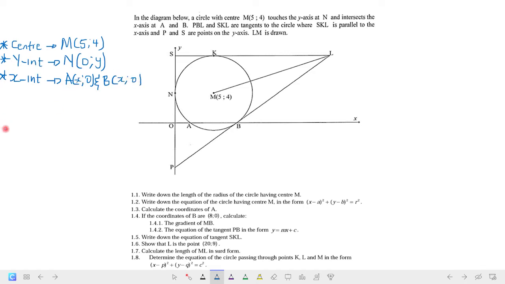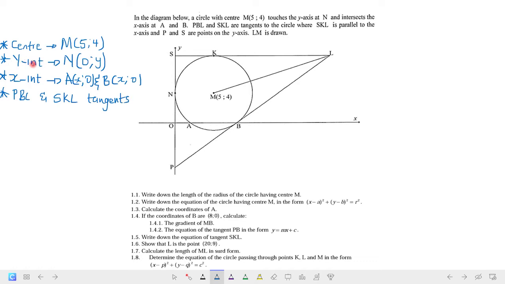Alright, what else? Another thing that we're told here, we said PBL and SKL are tangents to the circle. So let me write here, we have PBL and SKL as tangents.